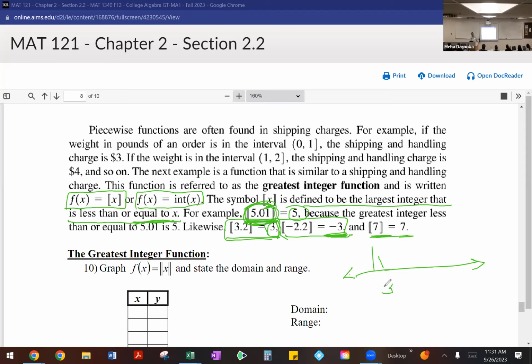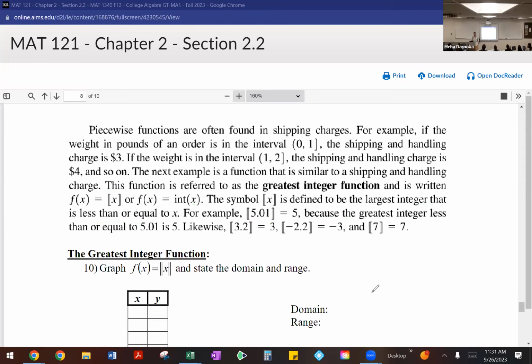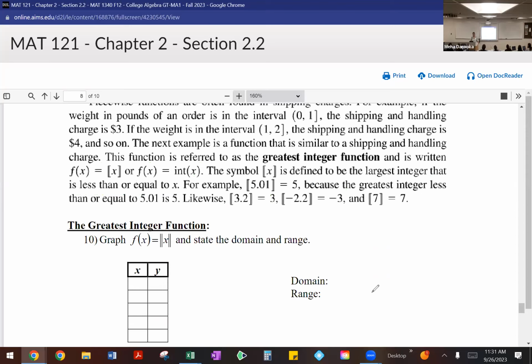You have negative 3, and you have negative 2. Negative 2.2 is going to be somewhere here. So negative 3 is going to be less than negative 2.2. So on the negative side, be a little bit careful when you're defining that. Positives, of course, are a little bit easier to work with than the negatives. But the more you practice, the more comfortable you will get with this.